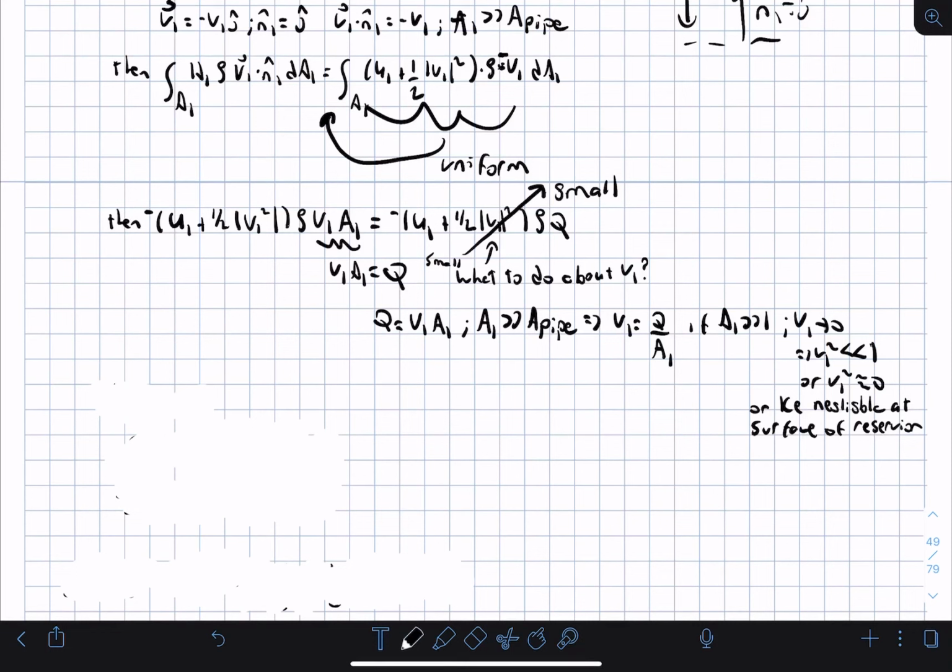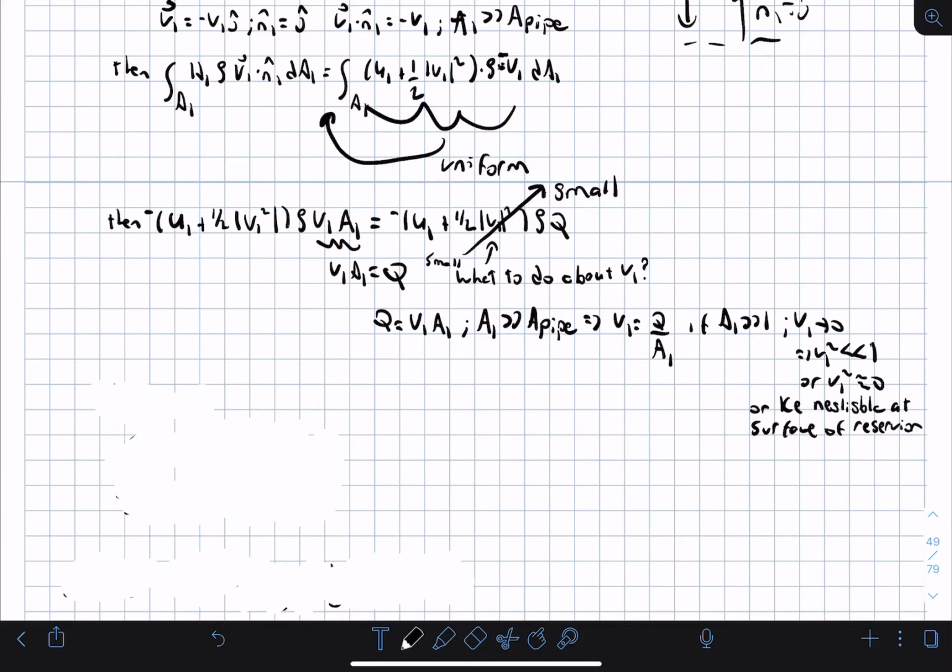And this is an assumption that we make all the time when we're working with the Bernoulli equation. So the kinetic energy term goes away, and that's only because the cross-sectional area of the reservoir was assumed to be huge.